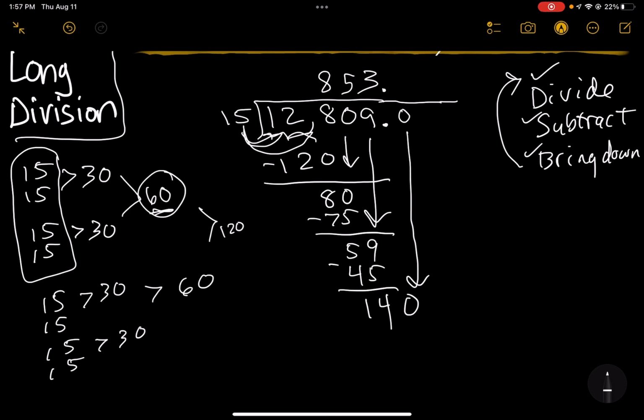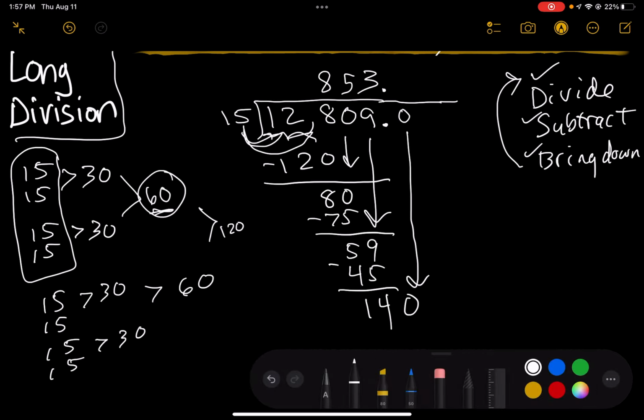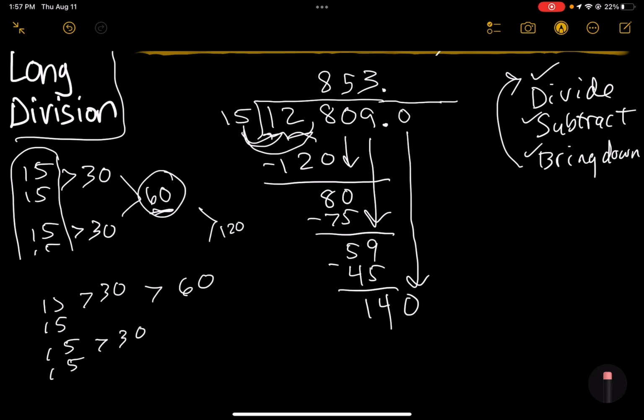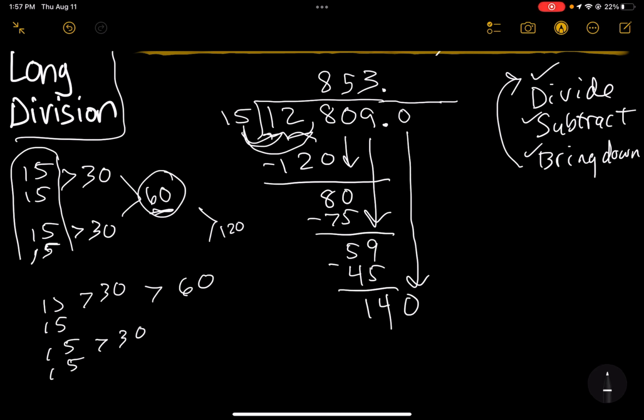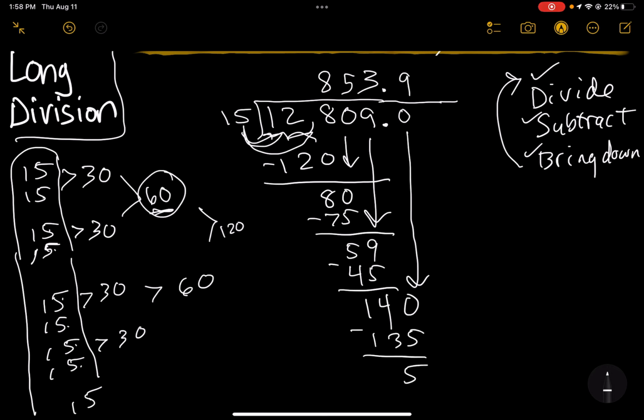So let's see how many that is. 1, 2, 3, 4, 5, 6, 7, 8, 9. 9 of them gets me to 135. There is 5 left over.